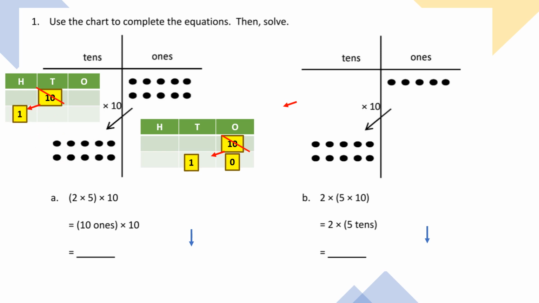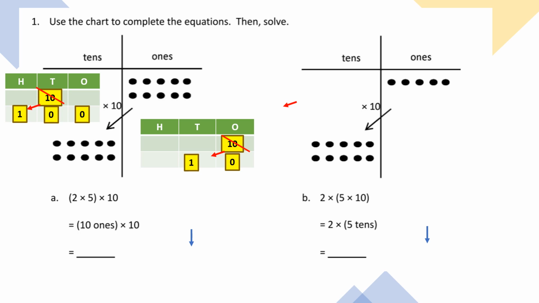So we put a 1 in the hundreds place, and we no longer have any tens, so we're going to put a 0 in the tens place and a 0 in the ones place. All this top part is doing is showing you how to properly place your numbers in a place value chart. Now let's move on to the actual problem.